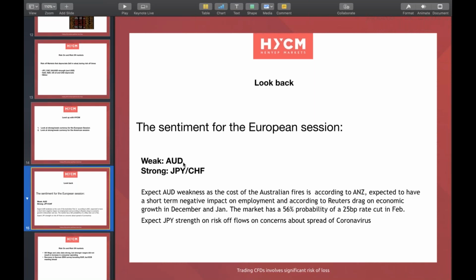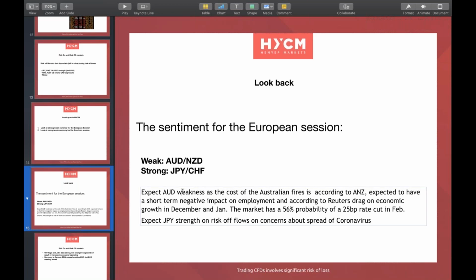So Australian dollar or New Zealand dollar would have been excellent currency pairs to look at trading. Australian dollar/Japanese yen shorts, New Zealand dollar/Swiss franc, New Zealand dollar/Japanese yen would have been excellent for shorts, because in a risk-off market we would expect yen strength, Swiss franc strength, and we're expecting Australian dollar and New Zealand dollar weakness on risk-off tones.